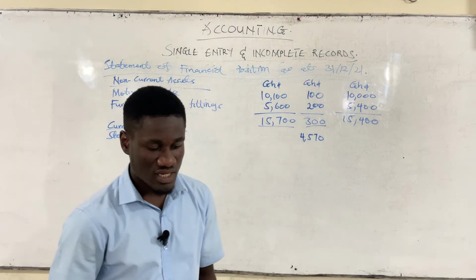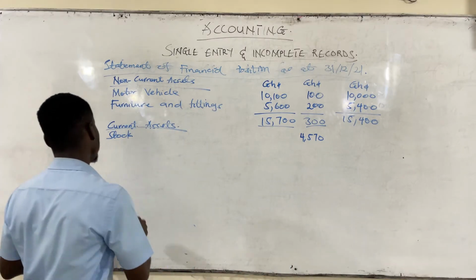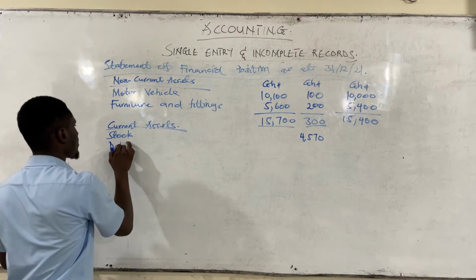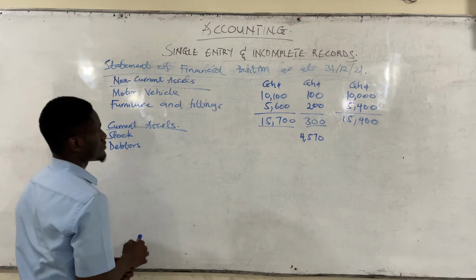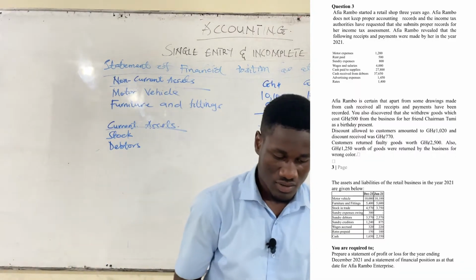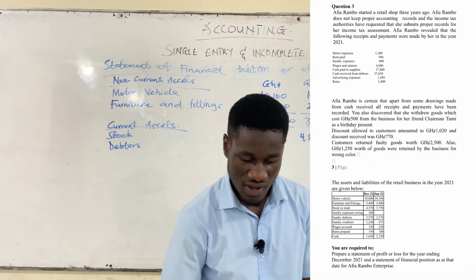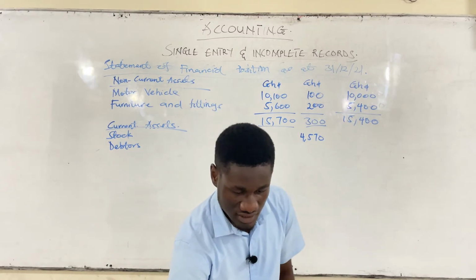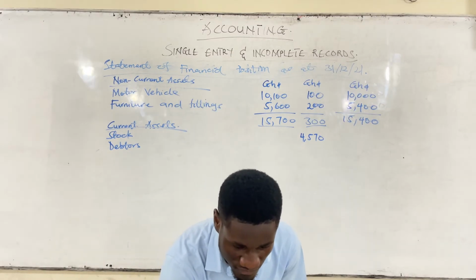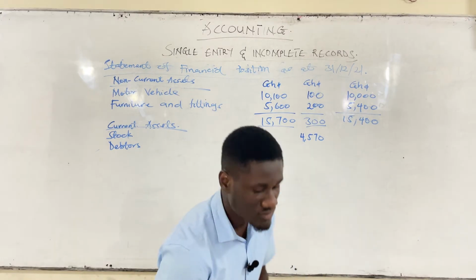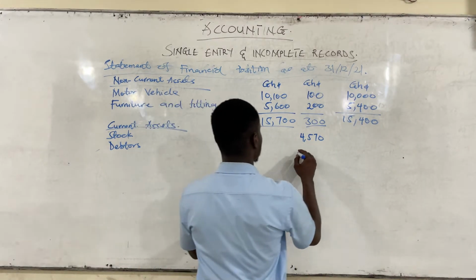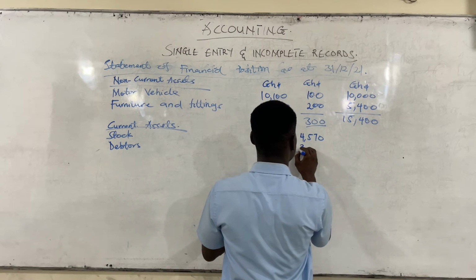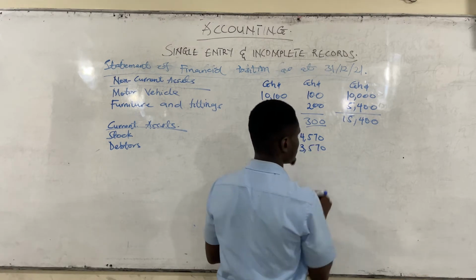Then we'll check if there's any current assets again. We have debtors, which is 3,570. That's our ending balance for debtors.